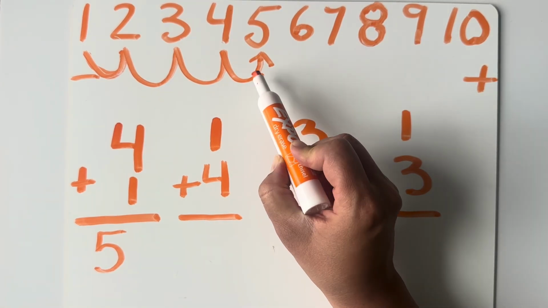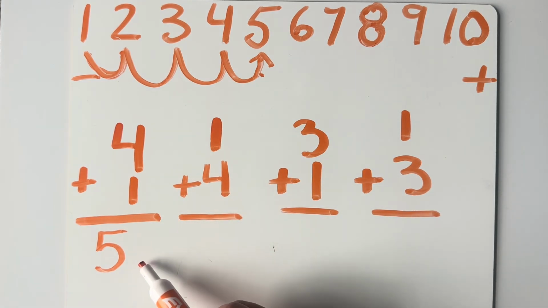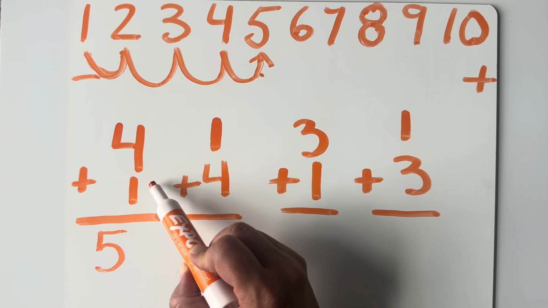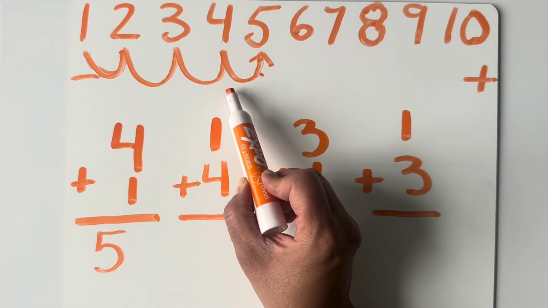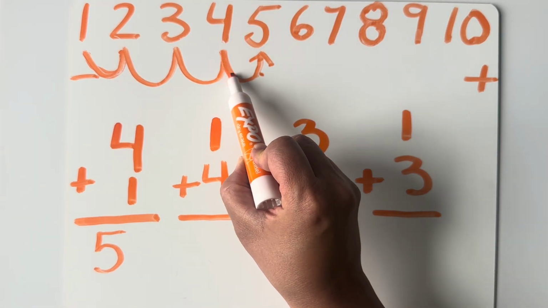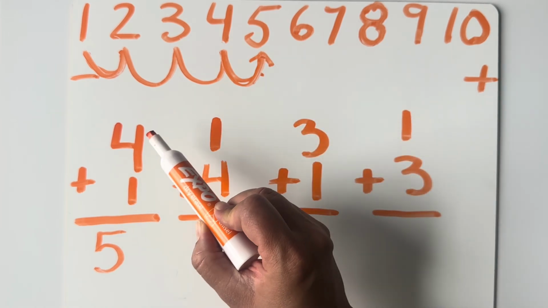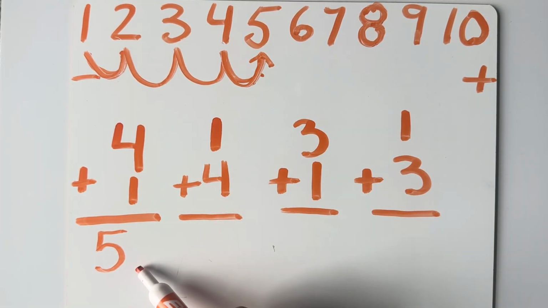Yes, good job. The reason 4 plus 1 equals 5 is because 5 comes after 4. If you look at 4 on the number line, 5 is the very next number. So 4 plus 1 equals 5.